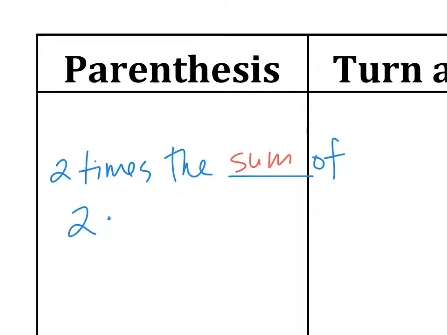The sum of, so then that means I'm going to add whatever they're saying next together first. Okay, so when they say 2 times the sum of, or something like that, that means you're going to put a parenthesis there and do that part first before you actually multiply. So a lot of people get those confused because they're translating literally and are not sure where to multiply. Well, you're going to put a parenthesis there first.